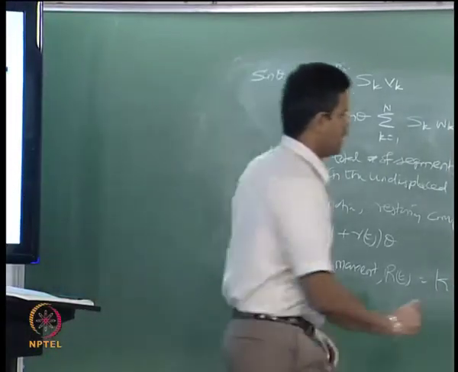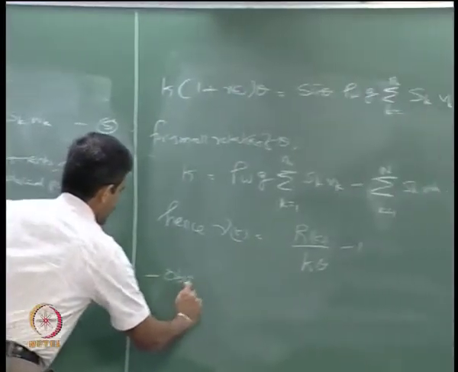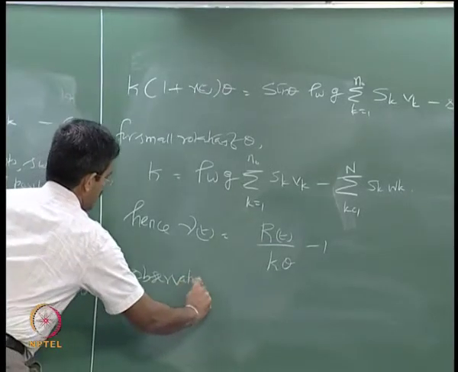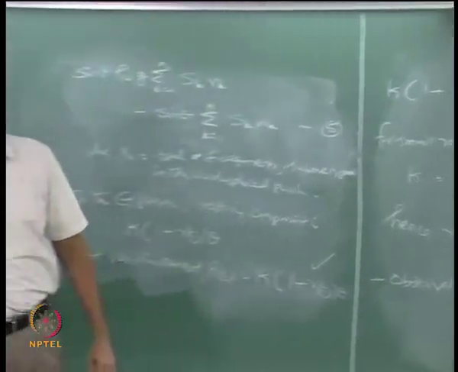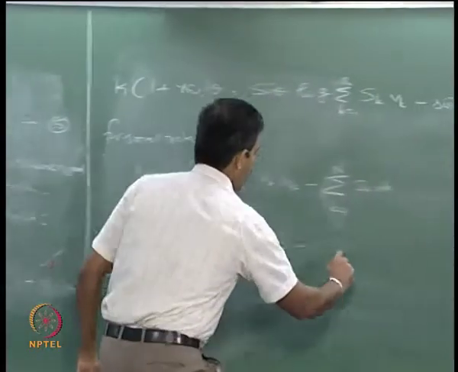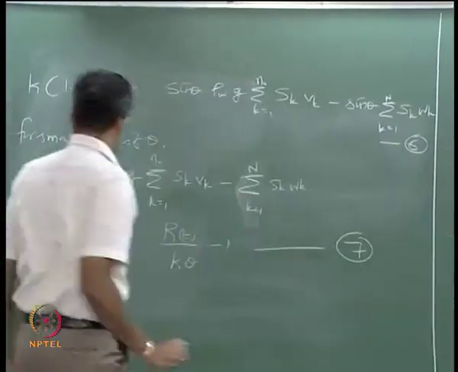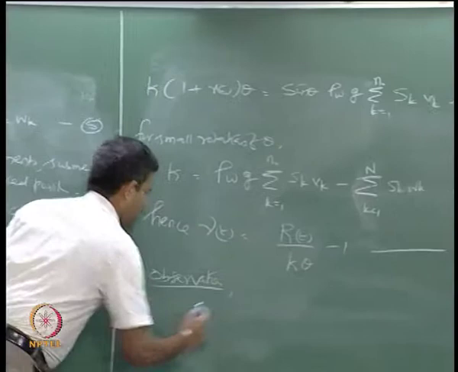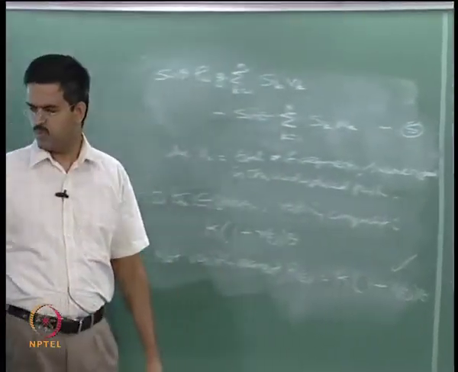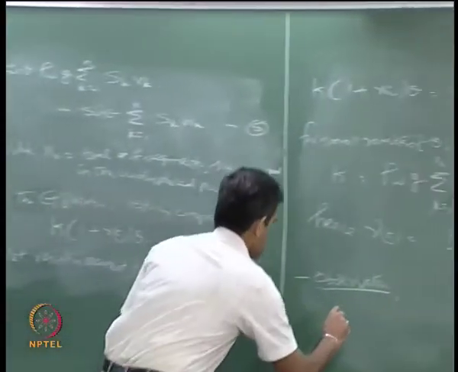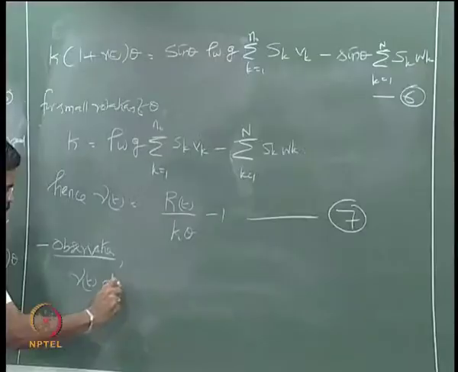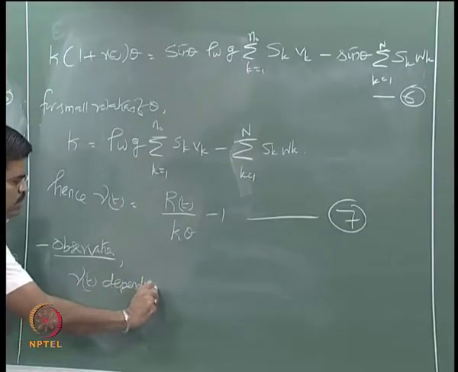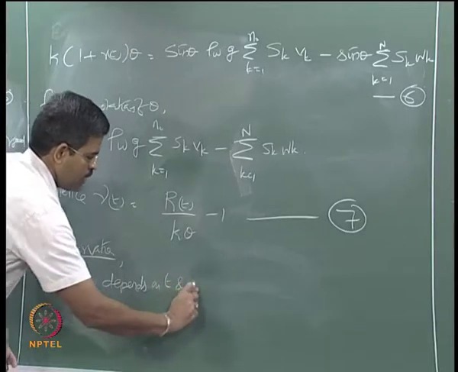Now, what we see from here is an important observation. Let me call this equation number 7. An important observation is that nu of t depends on time t and theta.